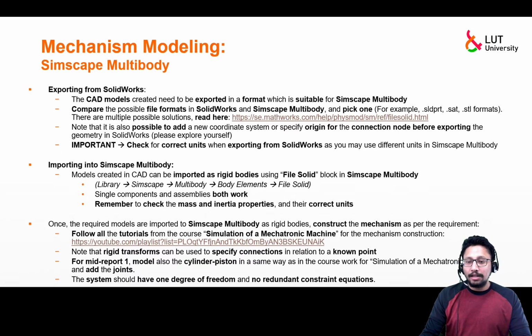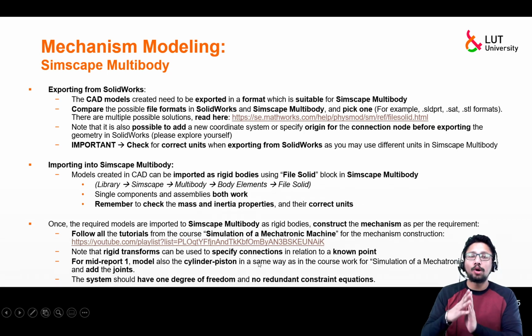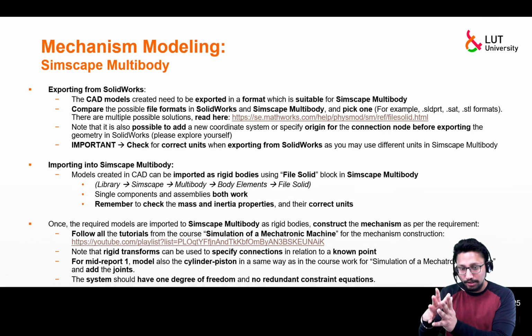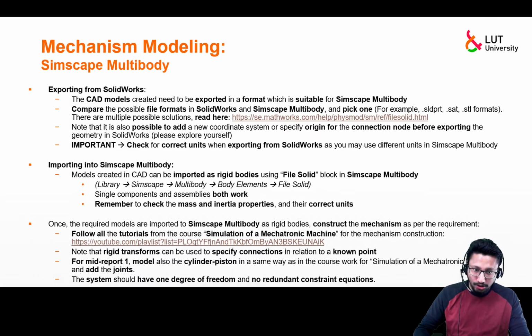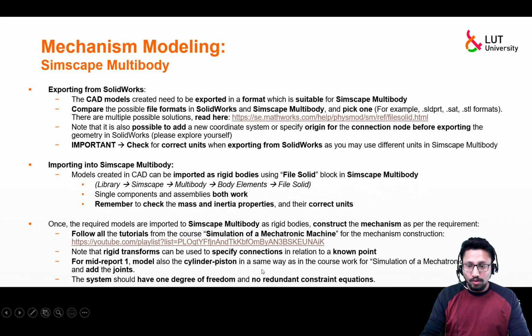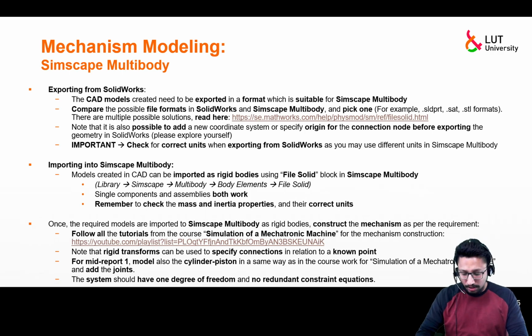Regarding the midterm reports, in the first midterm report, just try to model the cylinder and piston as well. I'm talking about the mechanical cylinder piston, no hydraulic actuation there yet, such that you can have the entire mechanism there with all the joints and everything.